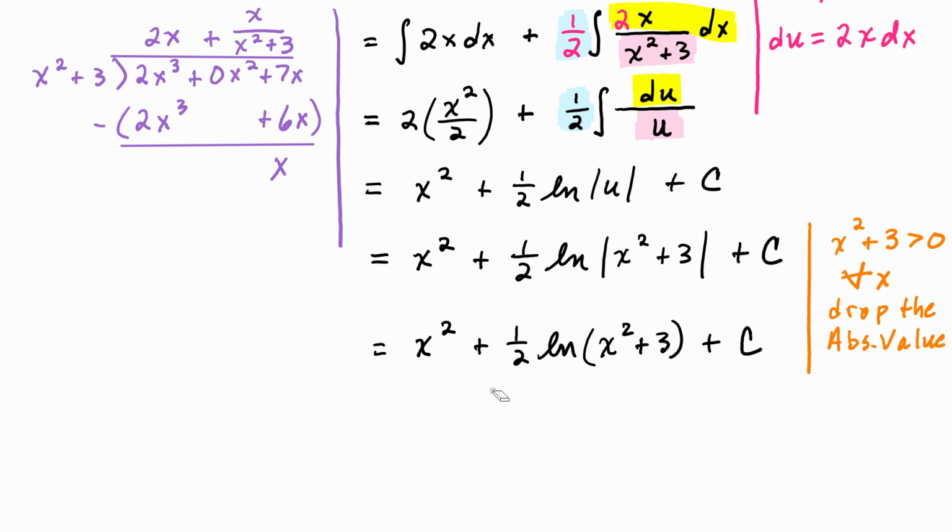Now, sometimes you will see this result written with this 1/2 brought up as an exponent, so it could look like x squared plus the natural log of the square root of x squared plus 3 plus c. And either of these forms would be just fine.